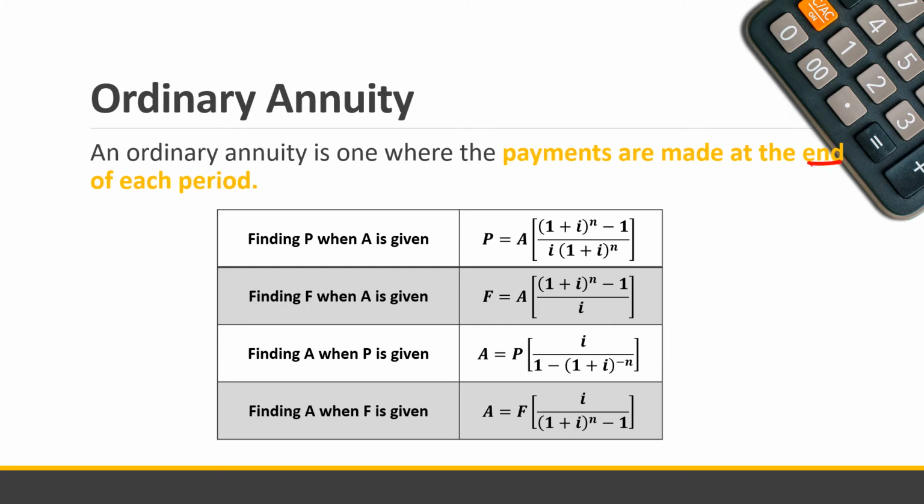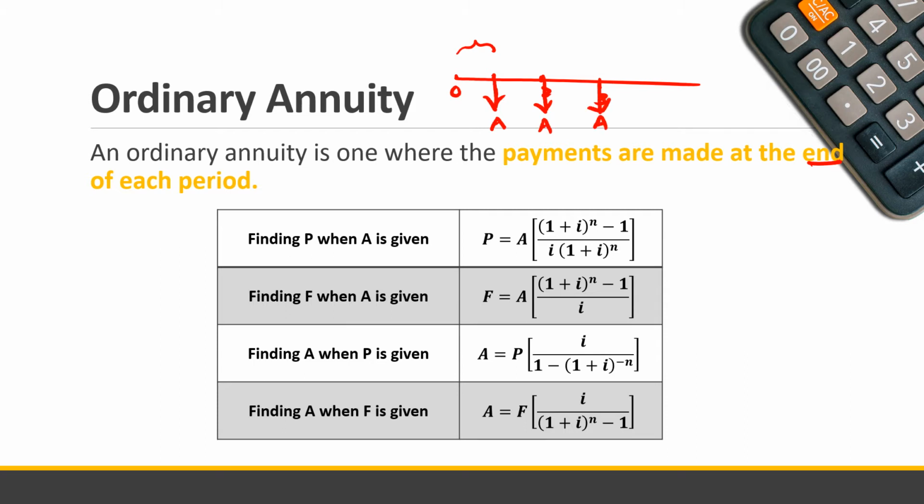So you have a diagram here: 0, 1, 2, 3. 0 is the starting point for year 1, and 1 is the end of year 1. This is where your payments are located, at the end of each year. So that is an ordinary annuity.